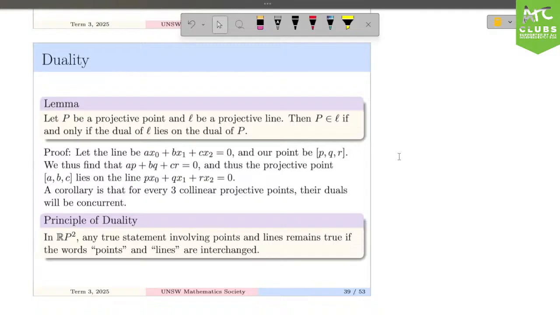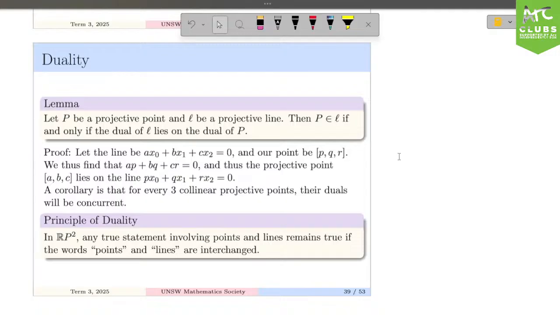By definition, since P is on L, AQ plus BR plus CS is equal to 0. And now the dual of P is the line Qx0 plus Rx1 plus Sx2 is equal to 0.